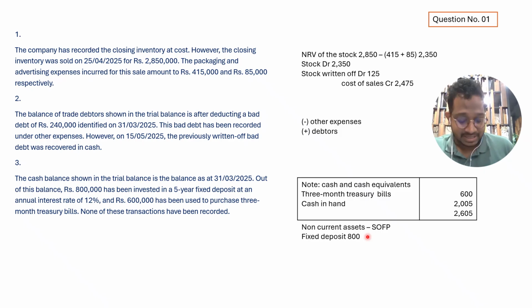And then another 600 they invested in 3 months treasury bills, and then you can find the remaining cash in hand. So the remaining cash in hand and the 3 months treasury bills you have to mention in a separate note as cash and cash equivalents, right?